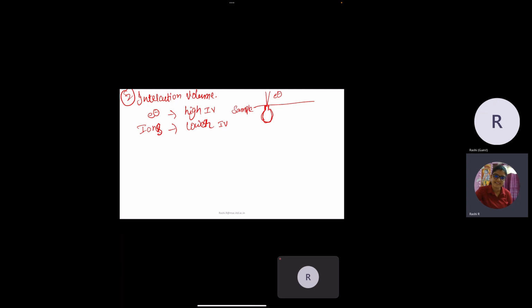Consider the same sample being incident with ions: the interaction volume will be very small, only at the surface, in the range of 2 to 5 nanometer. But for electrons the interaction volume will be in the range of 0.5 to 1 micrometer, depending upon the sample and the voltage we apply.